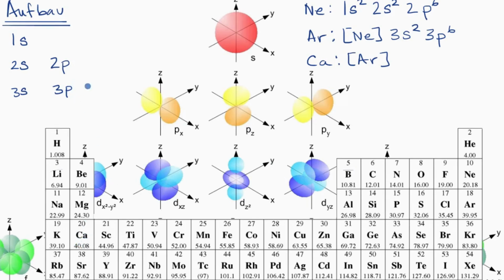There is indeed a 3d subshell, but in the case of calcium, instead of those 2 electrons being in the 3d subshell, they end up in the 4s subshell. So calcium's electron configuration is the same as argon, and instead of it being 3d2 here on top of that, it goes straight to 4s2.